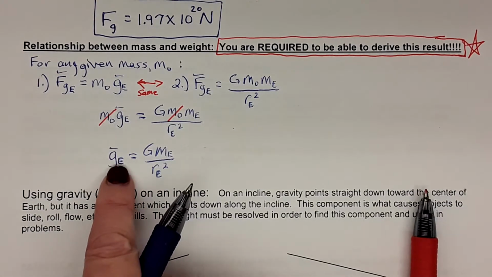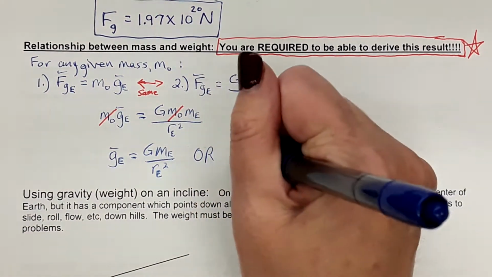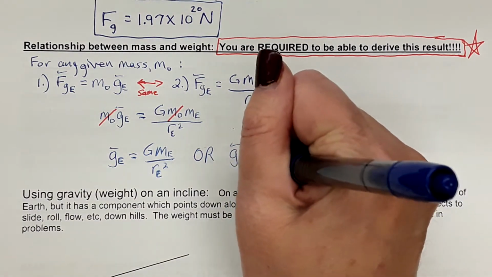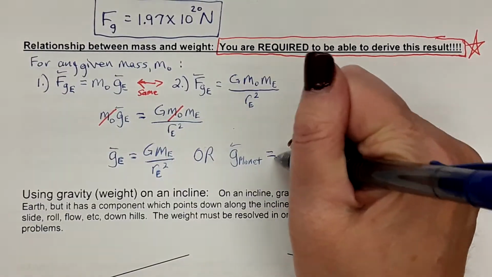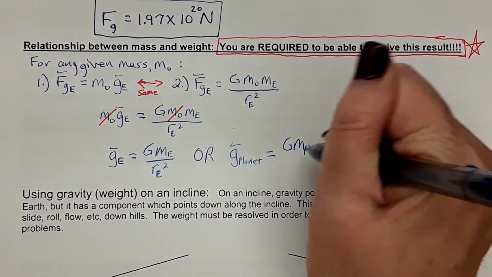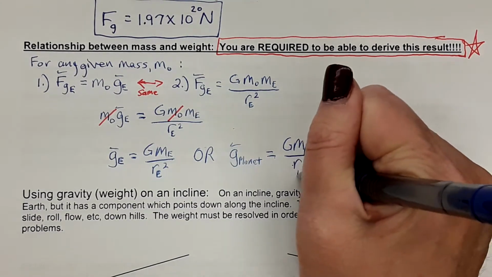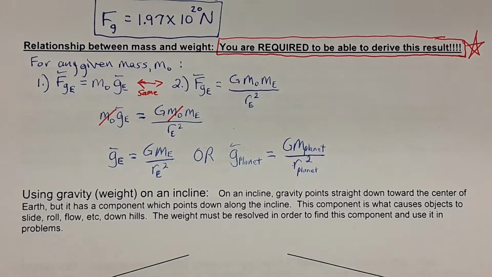So the acceleration due to gravity on any planet equals big G times the mass of the planet that you're on divided by the radius of the planet squared. Has nothing to do with the mass of the object in free fall at all.